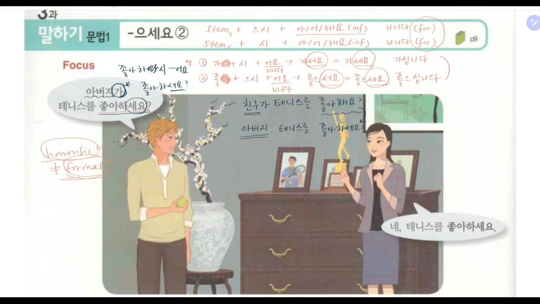Yes, so instead of 가, to be perfectly respectful, you have to say 아버지께서. We need a different subject particle in honorific form. So 아버지께서 테니스를 좋아하세요? Perfectly polite. 자, so Mina says, 네, 테니스를 좋아하세요. Yes, he does.